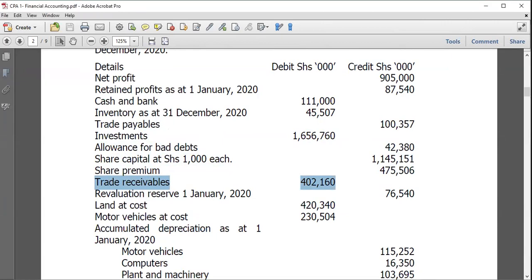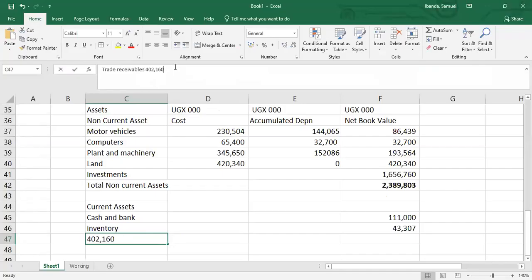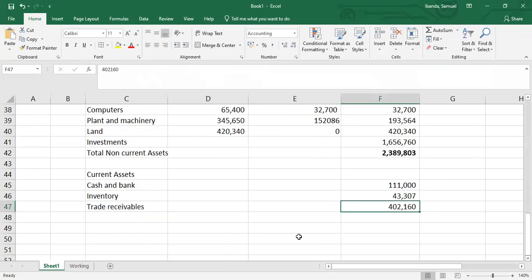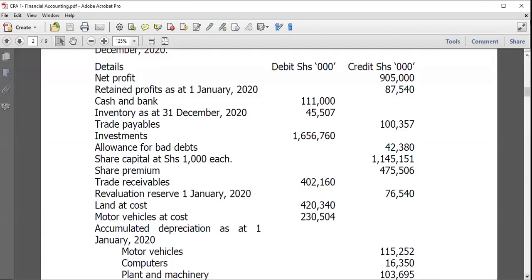As you can see, it's 402,160. Like I said, trade receivables are debtors, and debtors are definitely current assets. So I'll record them there. And the next thing that I'll do is come here and look out for any other current assets.